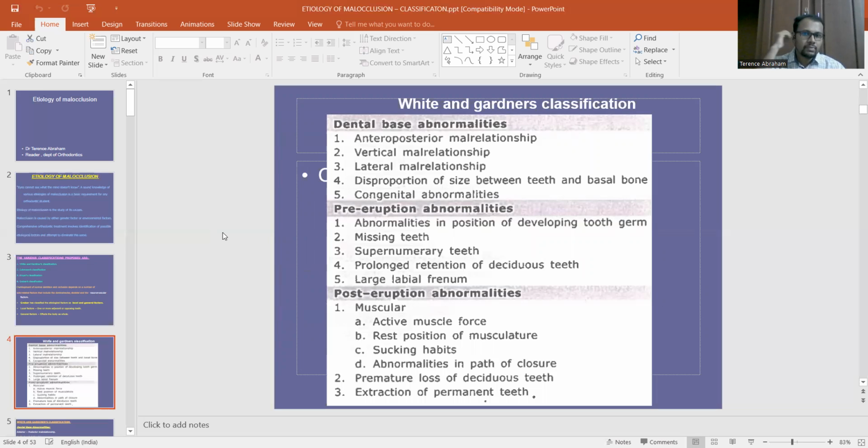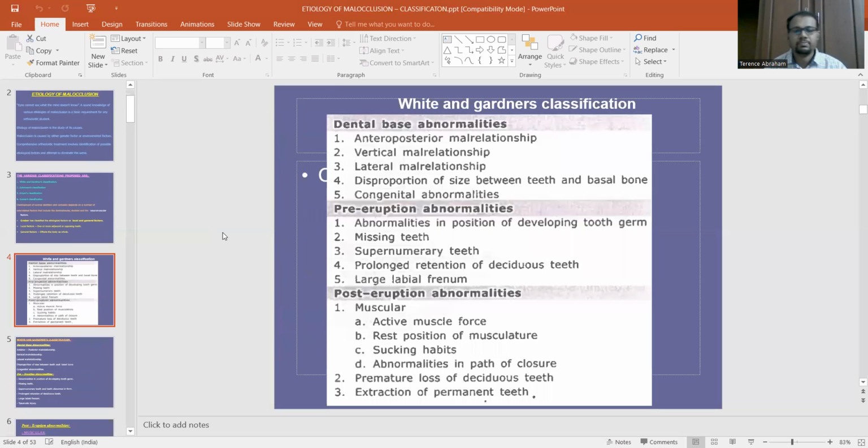First we go through White and Gardner's classification. He divided it into three main headings: dental base abnormalities, pre-eruption abnormalities, and post-eruption abnormalities. Dental base abnormalities mean abnormalities in the maxilla as well as the mandible, which may be because of their growth, abnormal rate of growth, or abnormal direction of growth.